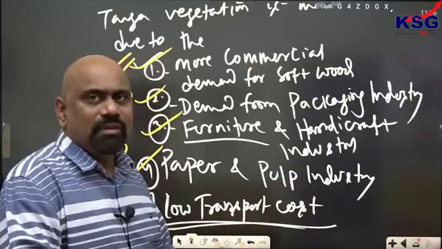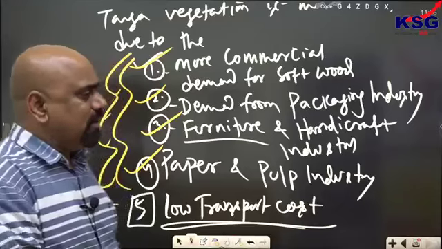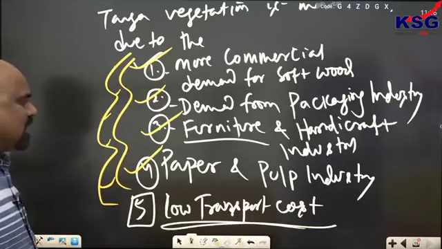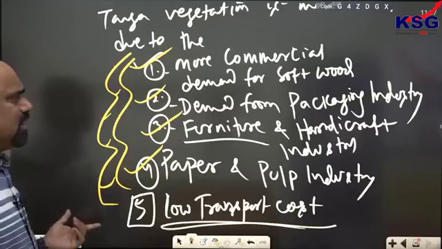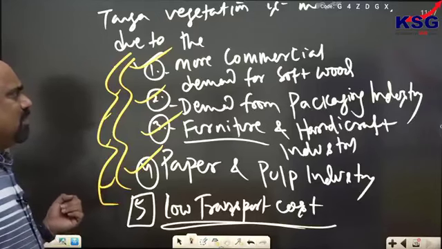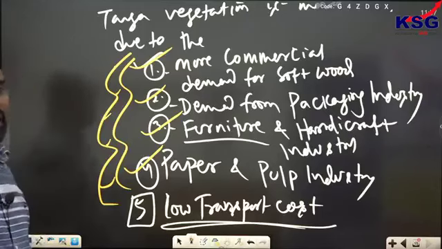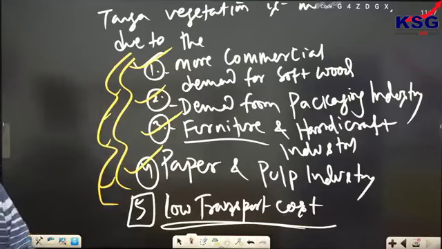But the quality of wood there and here is different. Low transport cost, paper and pulp industry, furniture and handicraft, demand from packaging, all these things are there in the taiga vegetation.